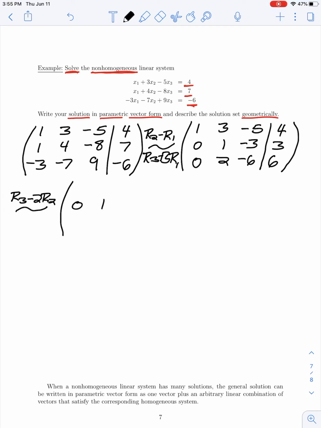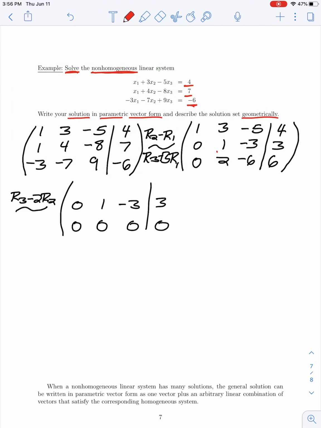So this gives me a second row of 0, 1, negative 3, 3. When I perform this operation on my third row, I have 0, 0, 0, 0. Get a row of all 0, so we will have a free variable.